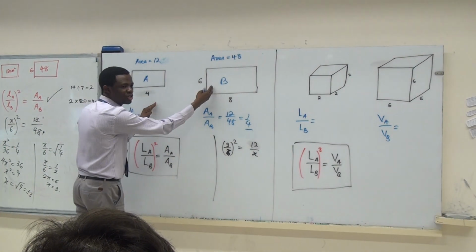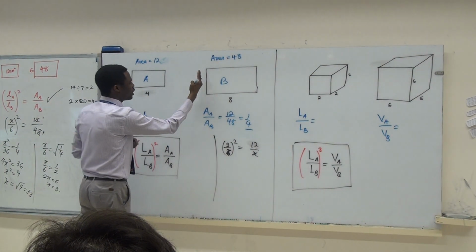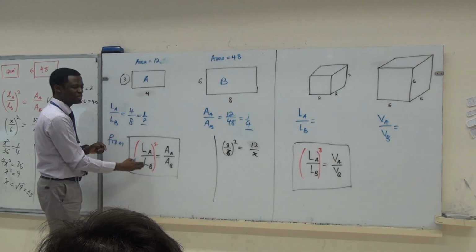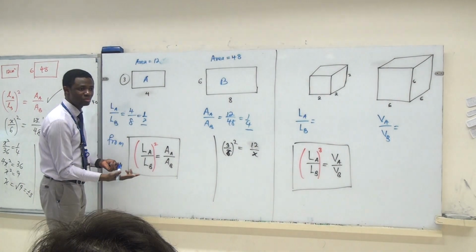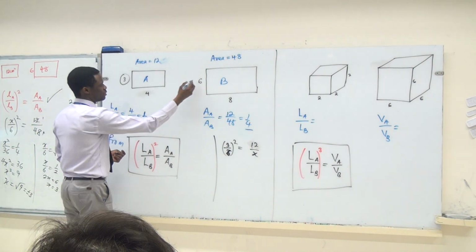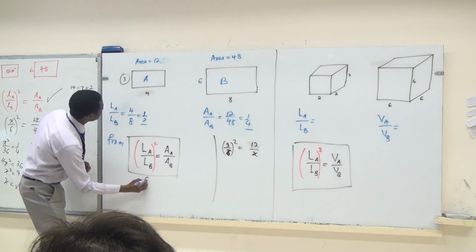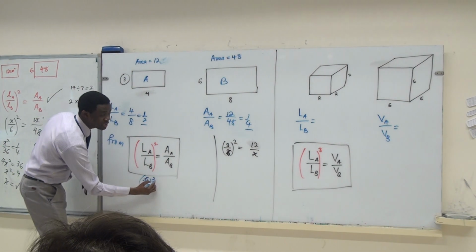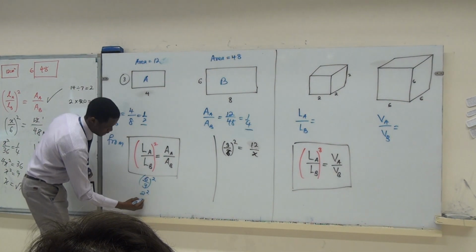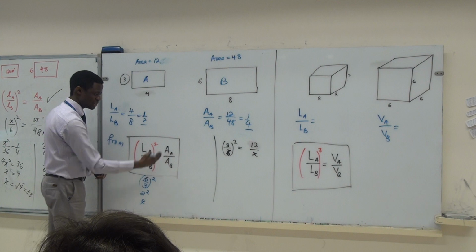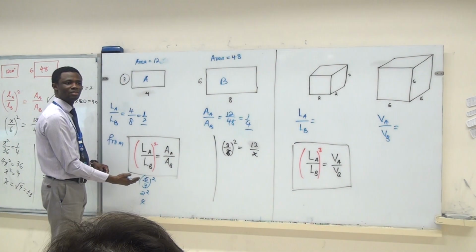From here to here, it's double, right? So it means the ratio of this to this, if I do LB divided by LA, I get 2. Do you understand? 6 divided by this will be 2. So this bracket is going to be 6 divided by 3, all squared, which is 2 squared, and that is 4. And that is the ratio of the area.